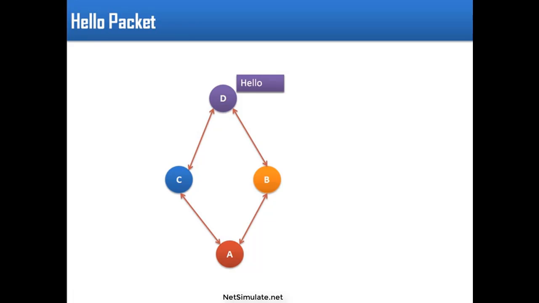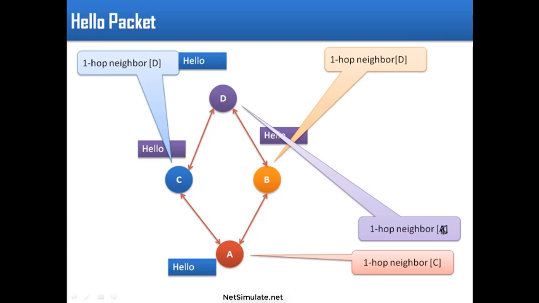So how hello packet works, say this is the mobile ad hoc network of 4 nodes A, B, C, D. So first of all, D will send hello packet to its neighbors. So when C and B receive these packets, C and B would know that D is a neighbor.